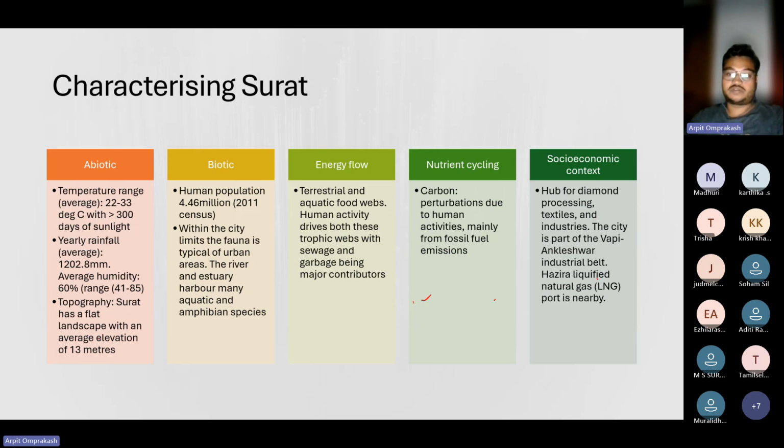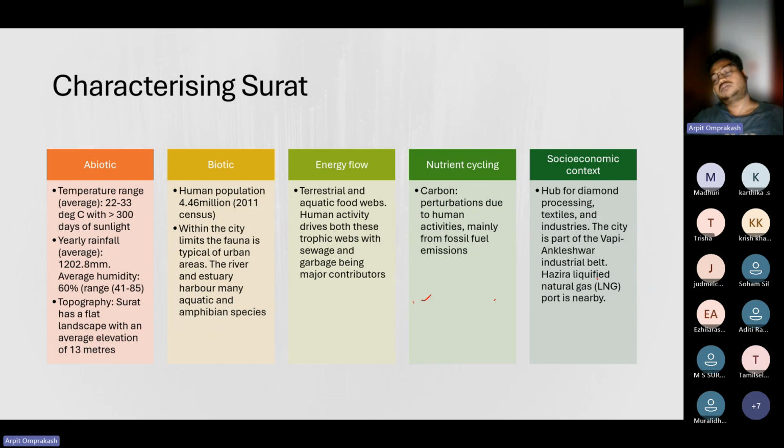It's also part of the Vapi Ankleshwar industrial belt, and there's a port nearby, and therefore there's a lot of business going on in the city, and many people are coming here to take part in these businesses, or supply raw material, use these processed materials, and so on.